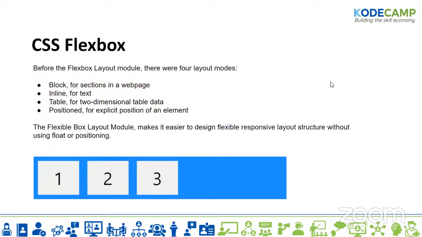Okay, and then we now have CSS Flexbox. I want us to look at this because the next thing that we're supposed to work on is a web page, and for the web page, you basically have to use Flexbox. There was a point when people had to use floats, people had to use tables.